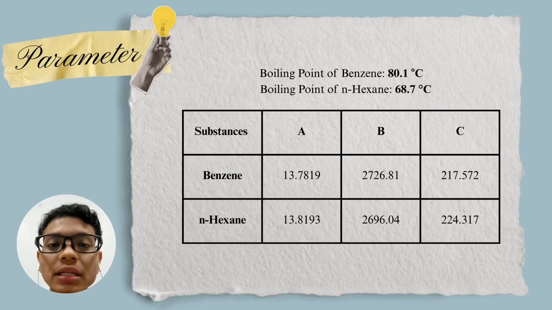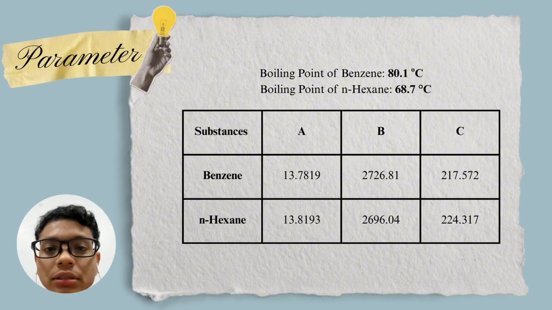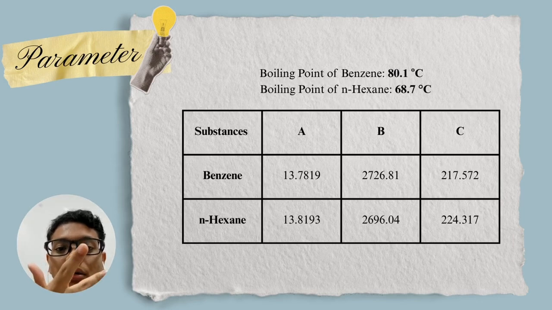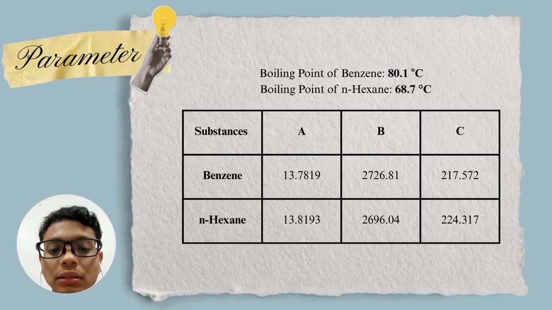The boiling point of benzene is 80.1 degrees Celsius, while for n-Hexane it is 68.7 degrees Celsius. So that's why we choose the operating temperature of 75 degrees Celsius. Then, in order to find the saturated pressure of benzene and n-Hexane, we need to use the Antoine equation. So we need to know the values of A, B, and C for both substances.